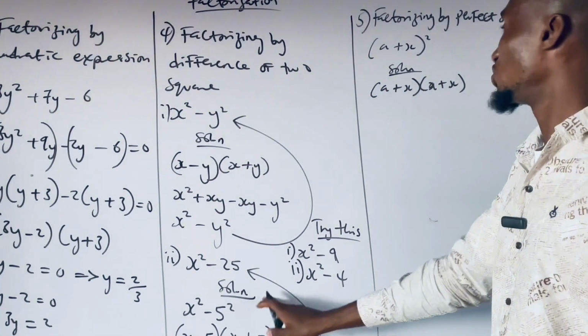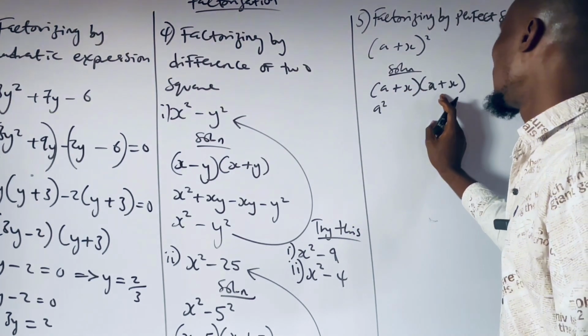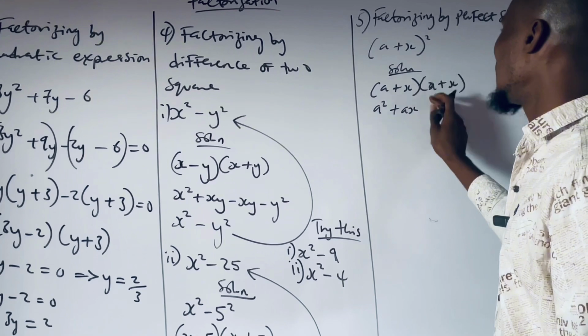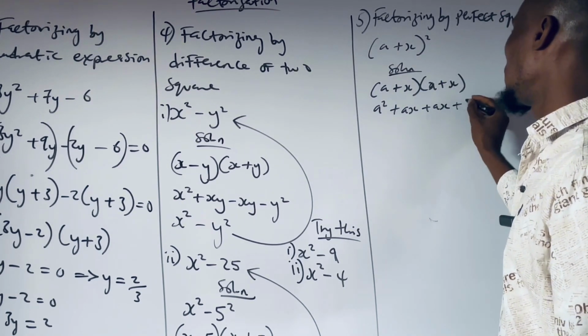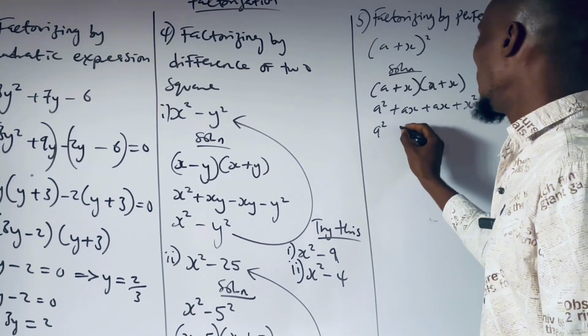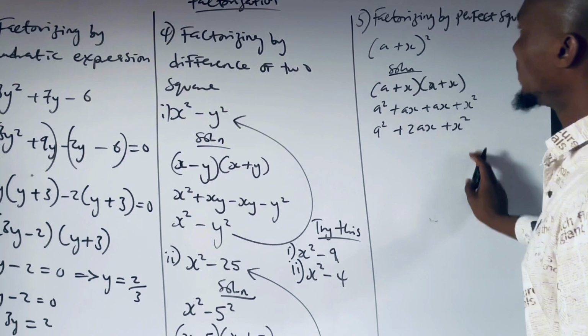Unlike difference of two squares, a times a will give us a square. a times plus x will give us plus ax. Plus x times a will give us plus ax. Plus x times plus x will give us plus x square. Do you get? So here we have a square plus 2ax plus x square. Do you get that point now?